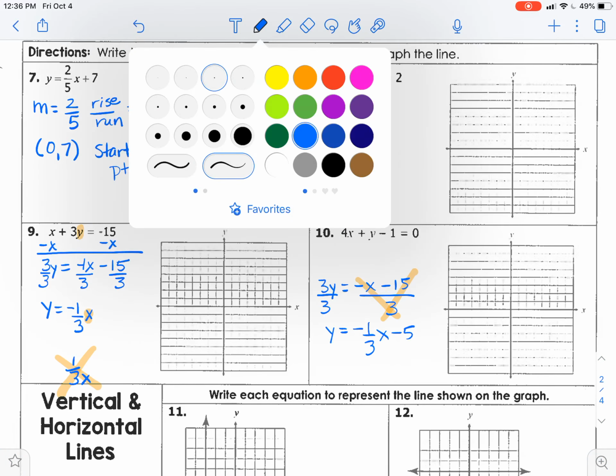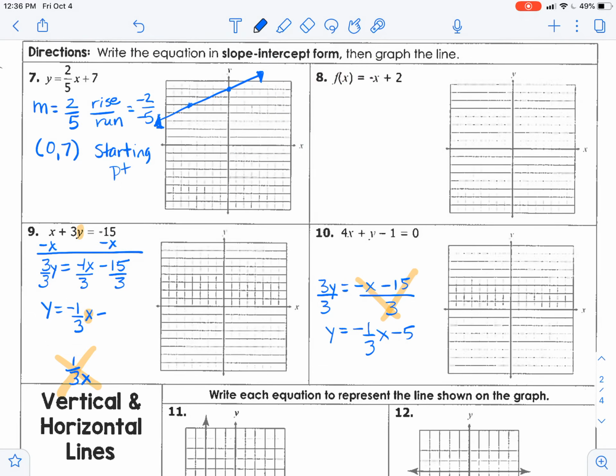Okay, next up, again, then is that I simplify and I get my 5. Okay, so now I have it in slope-intercept form. And so I am going to, again, identify my slope as being a negative 1/3 and my y-intercept as 0 and negative 5.